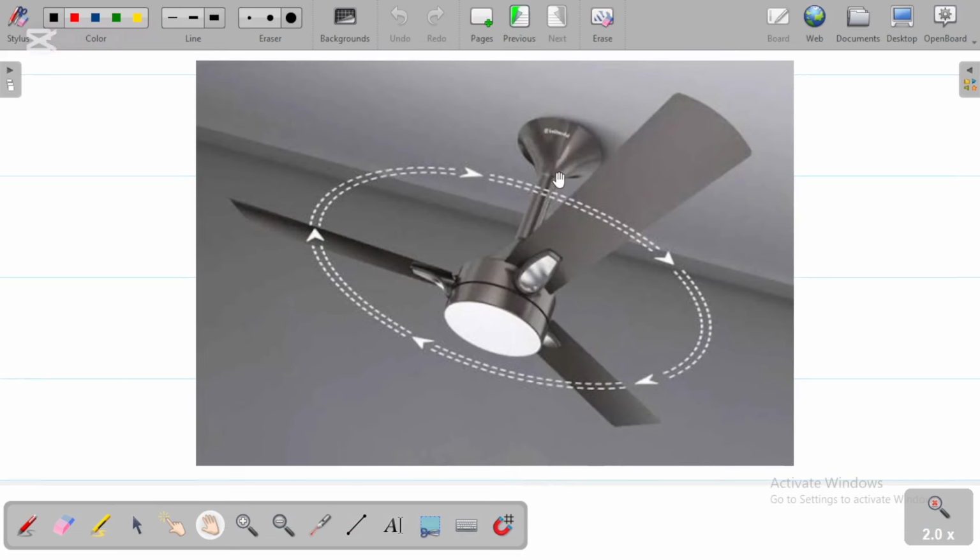The fan is fixed at a point, but the blades move in a circular path. So this is called a rotational motion. Remember, rotational motion has a fixed axis and moves in a circular path, but circular motion does not have a fixed axis, but it moves in a circular path.